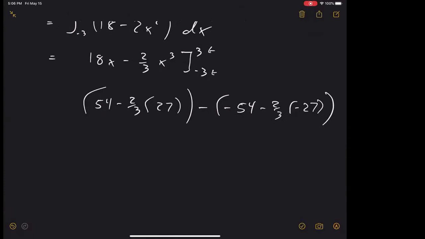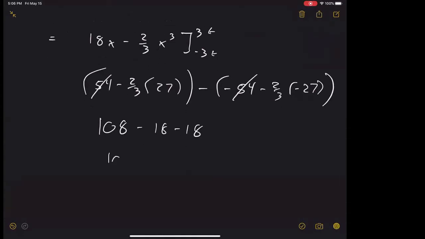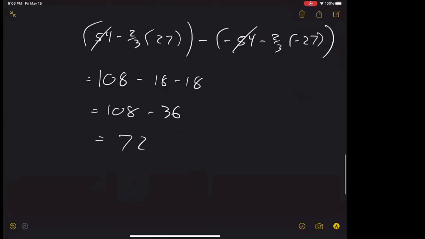Okay, kind of ugly, so let's simplify. Should be 72, it looks like. And double check me on all that.